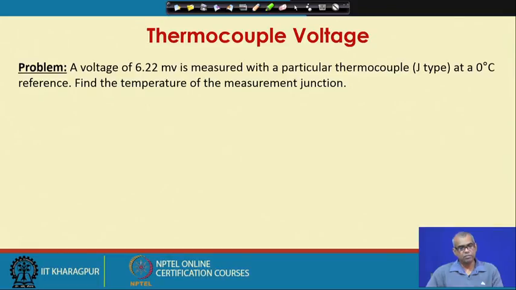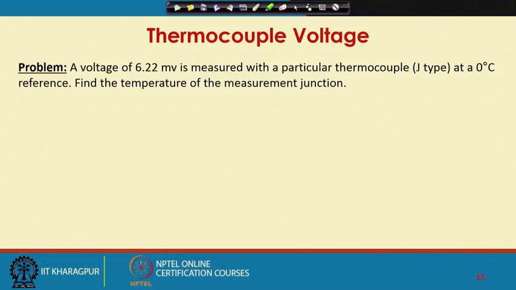So, let us clarify it further by taking help of a simple example. A voltage of 6.22 millivolt is measured with a particular J type thermocouple at 0 degree Celsius reference. Find the temperature of the measurement junction.